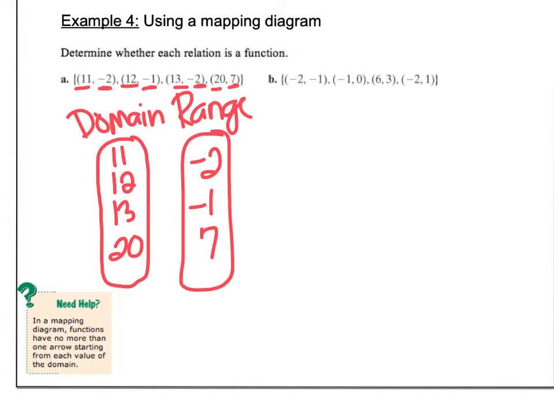And then you're going to map these, and that just means you draw an arrow from the domain to its matching range. So 11, -2 was one coordinate pair. 12, -1 was another coordinate pair. 13, -2 is another one, and then 20 and 7.